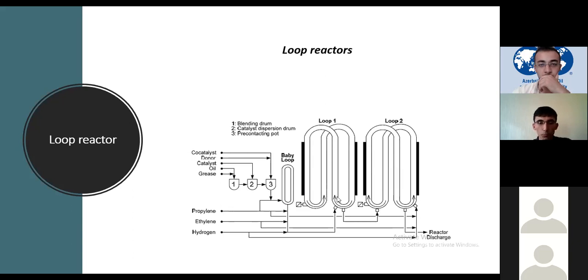So these are the types of continuous reactors. We also have pumps here. By the way, they are axial pumps. We will talk about pumps again later. These are just to maintain the polymer, which we call slurry, polymer and hydrocarbon together. So to maintain the slurry circulation inside the reactors, we have axial pumps. We also have a pump in the baby loop, but it's not shown here.